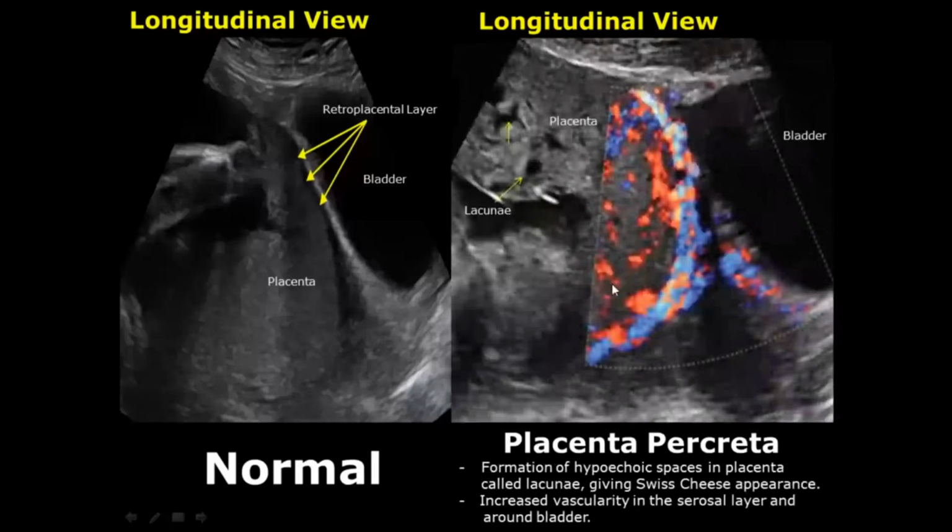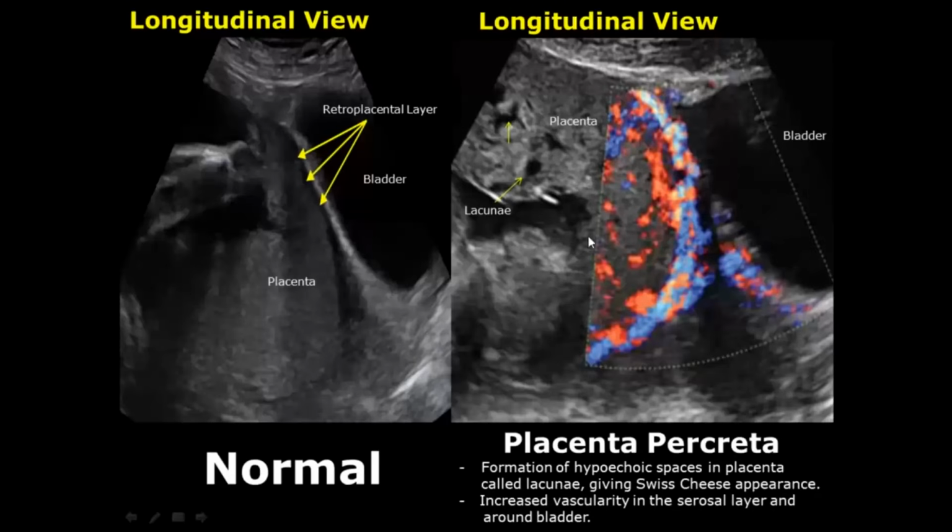Another feature of placenta percreta is the presence of hypoechoic spaces inside the placenta. These are called lacunae. They are different from placental lakes as they appear larger in size, have an irregular shape, and are comparatively more in number.